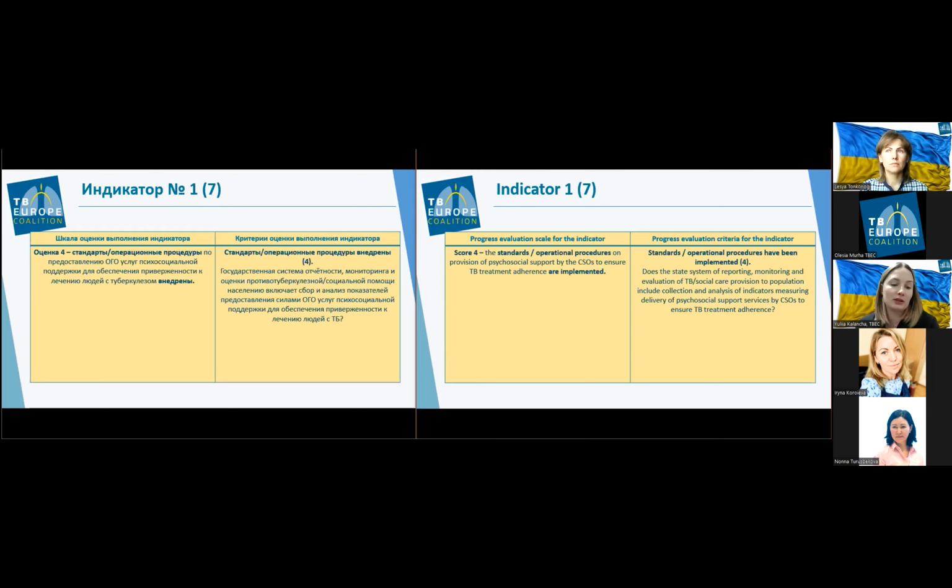The country can adapt these standards on the country level, but maybe they are not endorsed on the country level. There is no regulatory document which would allow CSOs to implement these standards in practice.